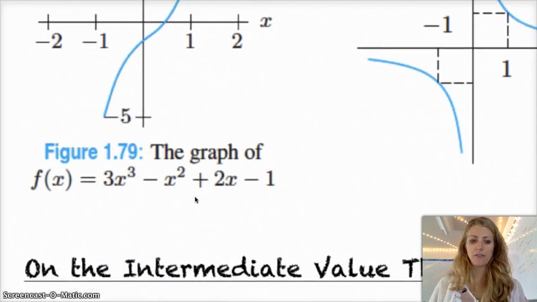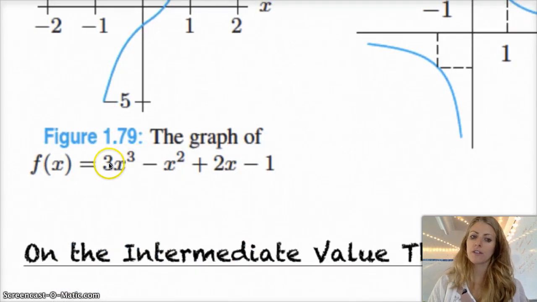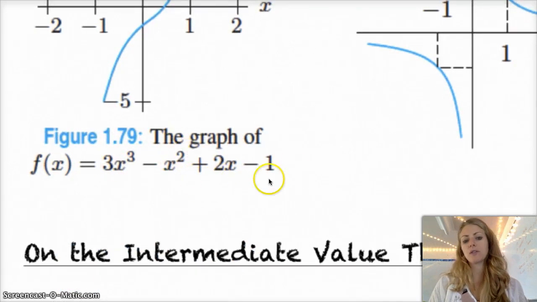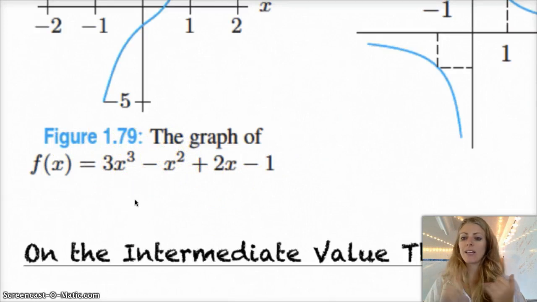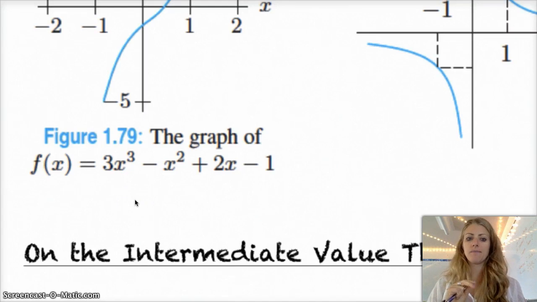You can also tell from the equation of the function, 3x cubed minus x squared plus 2x minus 1. There are no even roots, which would have problems at negative numbers, and no variables in denominators, in which case you'd have problems when the denominator is 0. Things like that are an indication of discontinuities.